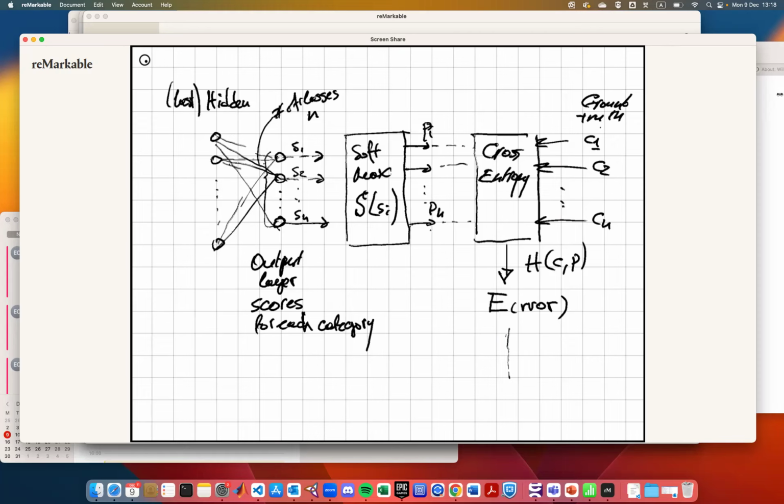So this is in the first place. We want to take a partial derivative of dE by d scores.